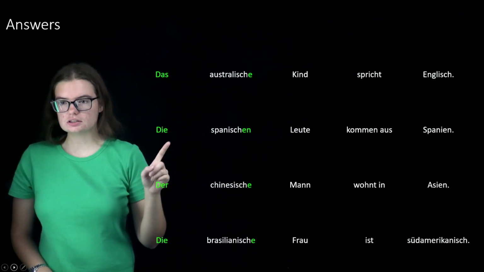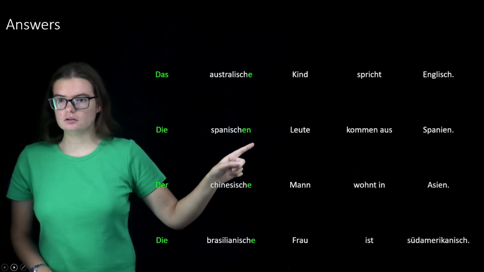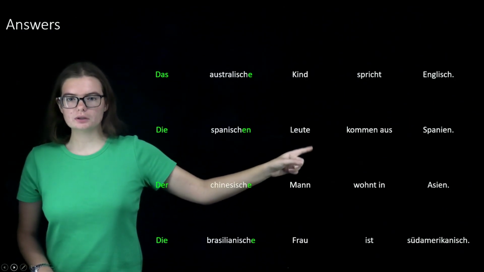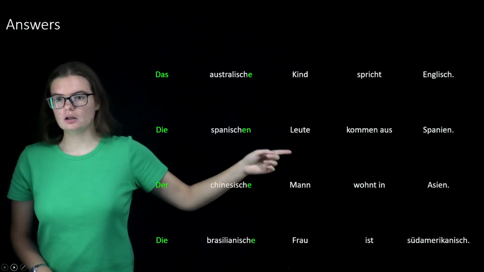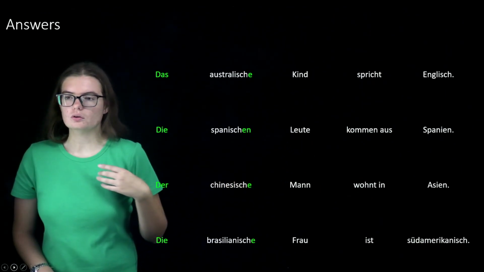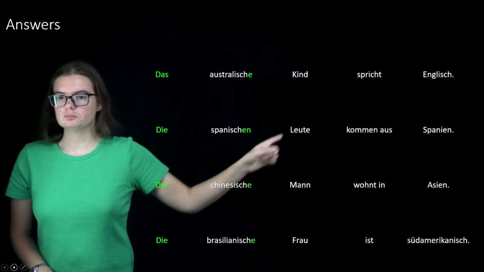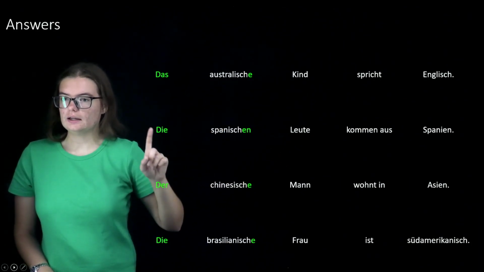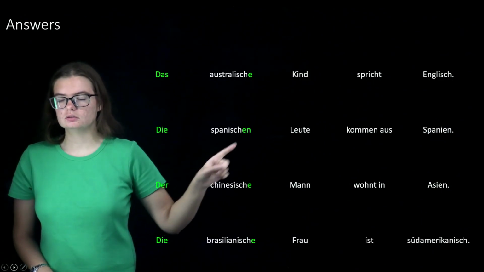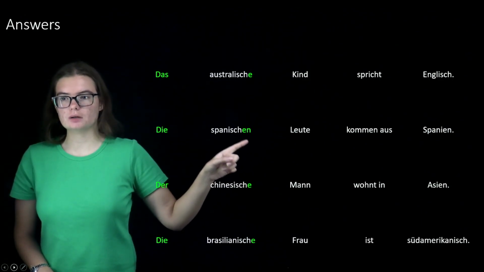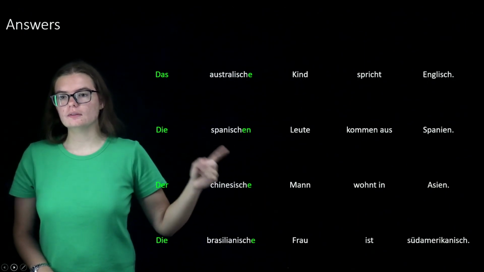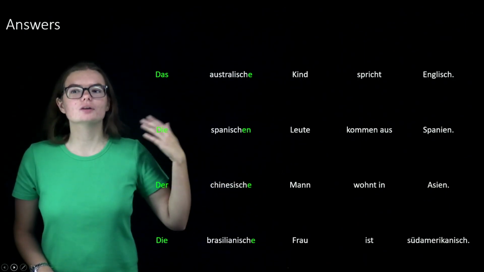Then we have die spanischen Leute kommen aus Spanien. Leute, or maybe you thought Personen, etc., is people, so that's plural, die, and then Spanischen, A-N. The Spanish people are from Spain.